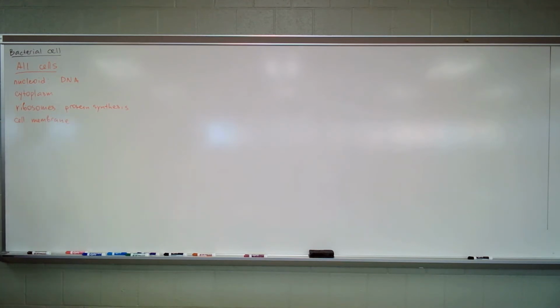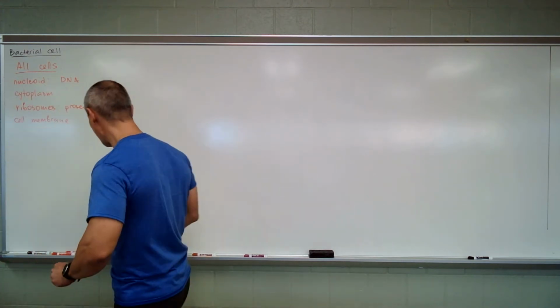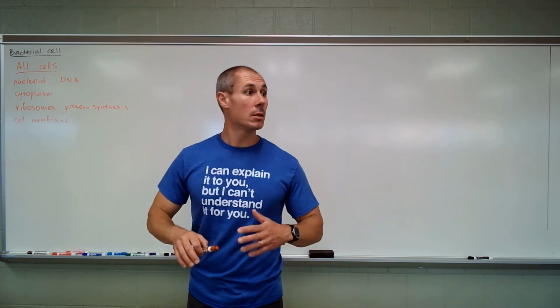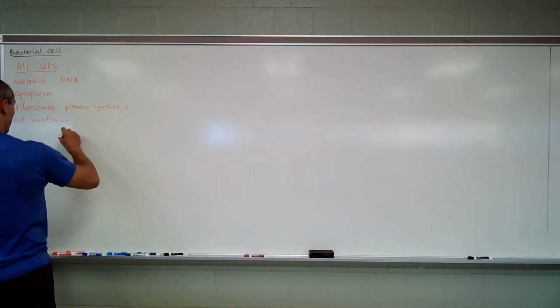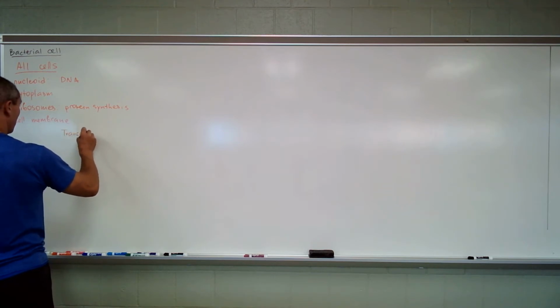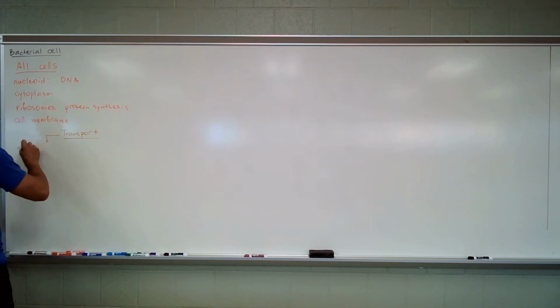So while we are on the cell membrane, I want to address a couple of things here. It's going to be the transport across the membrane. Again, reminder how this whole thing works. So transport across the membrane can be passive, which we also call diffusion.